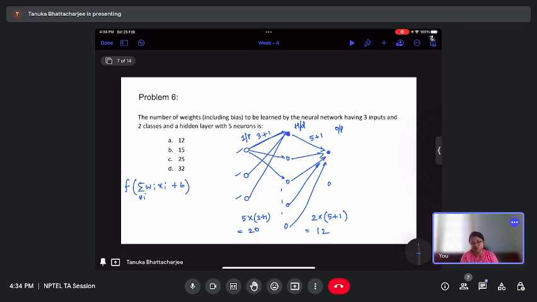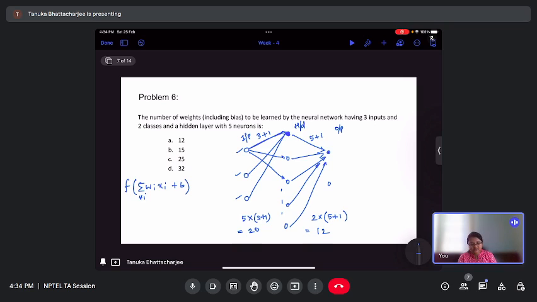But this question was supposed to be framed slightly differently. The question should not have said 2 classes, there are 2 neurons in the output layer, because if you have 2 classes you can also have a single neuron with a threshold that outputs to get 2 class labels.